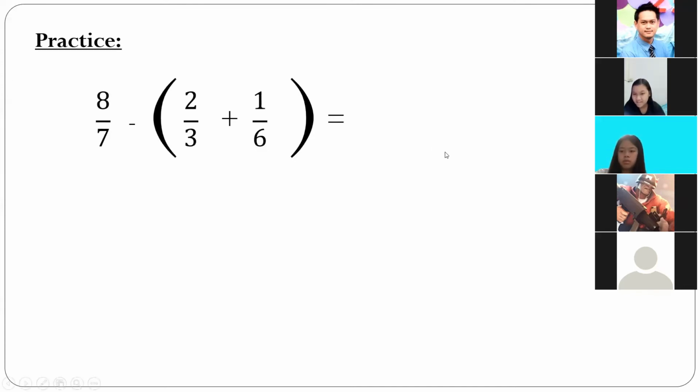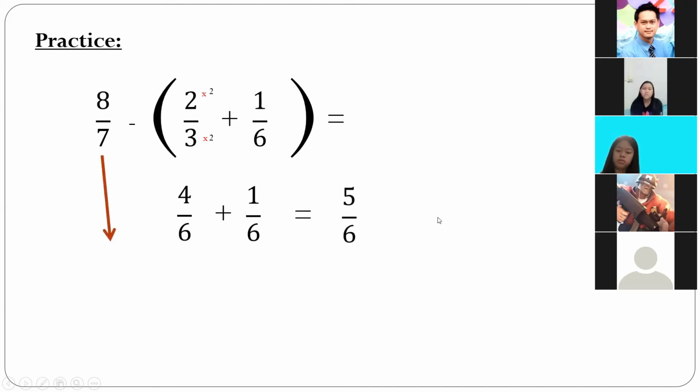So we have to find a common denominator for 2/3 and 1/6, which is 6. So we change: 4/6 plus 1/6 equals 5/6. And we go outside to perform the operation. 8/7 minus 5/6.